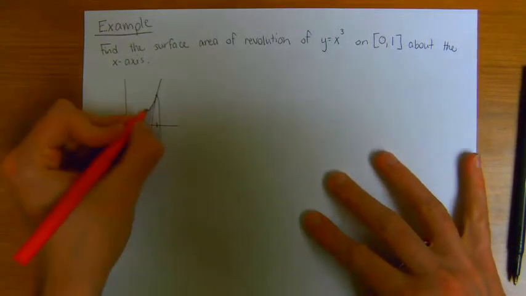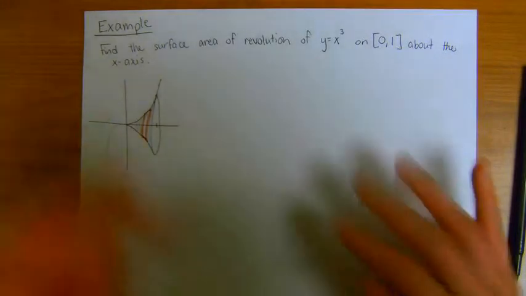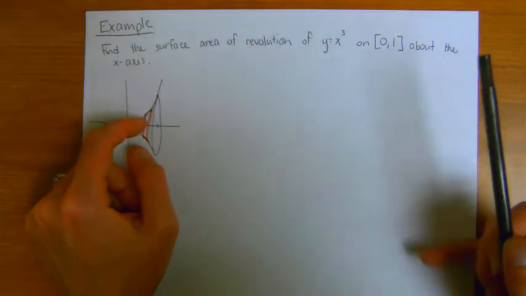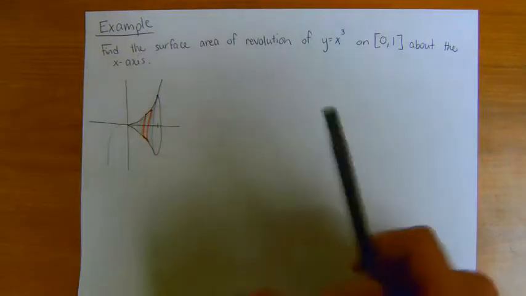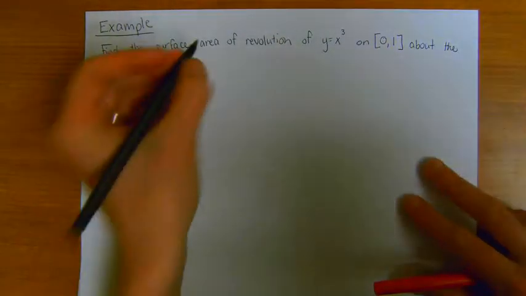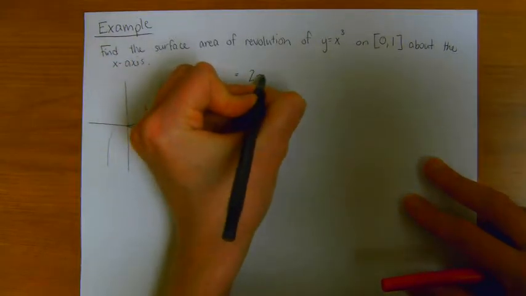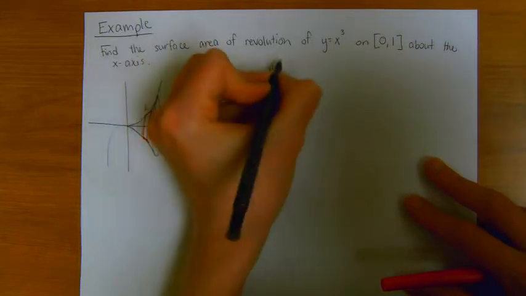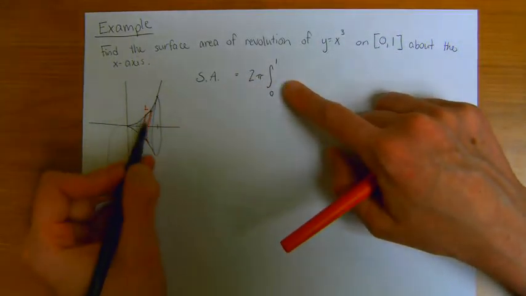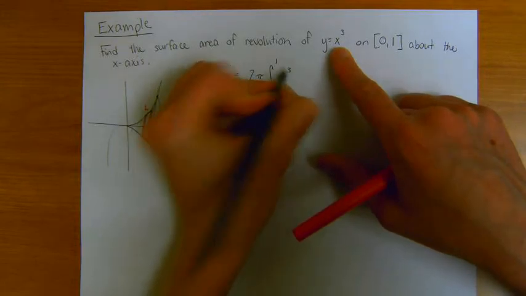To remember my formula for this, I always draw in one of these representative bands. I know that for any individual band, it's going to be the circumference around, which is 2 pi r, times the length, the height of each little band width, which is given by L. So the surface area is going to be given by the integral from 0 to 1 of 2 pi r, the circumference, and r is the height of this function in this case, which is x cubed.